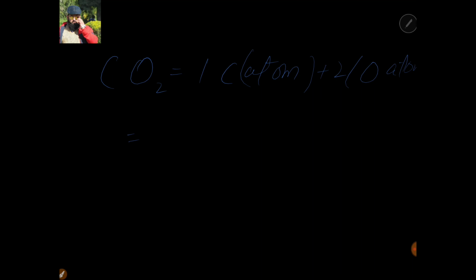So here I can calculate the molecular mass of carbon dioxide as 1 multiplied by the relative atomic mass of carbon, which is 12, plus 2 multiplied by the relative atomic mass of oxygen, which is 16.